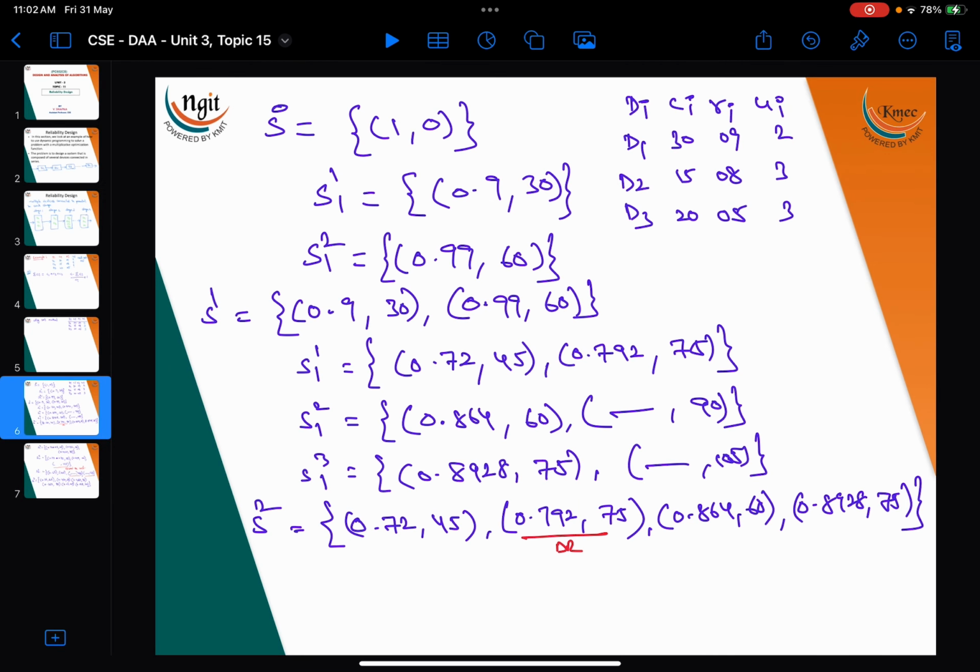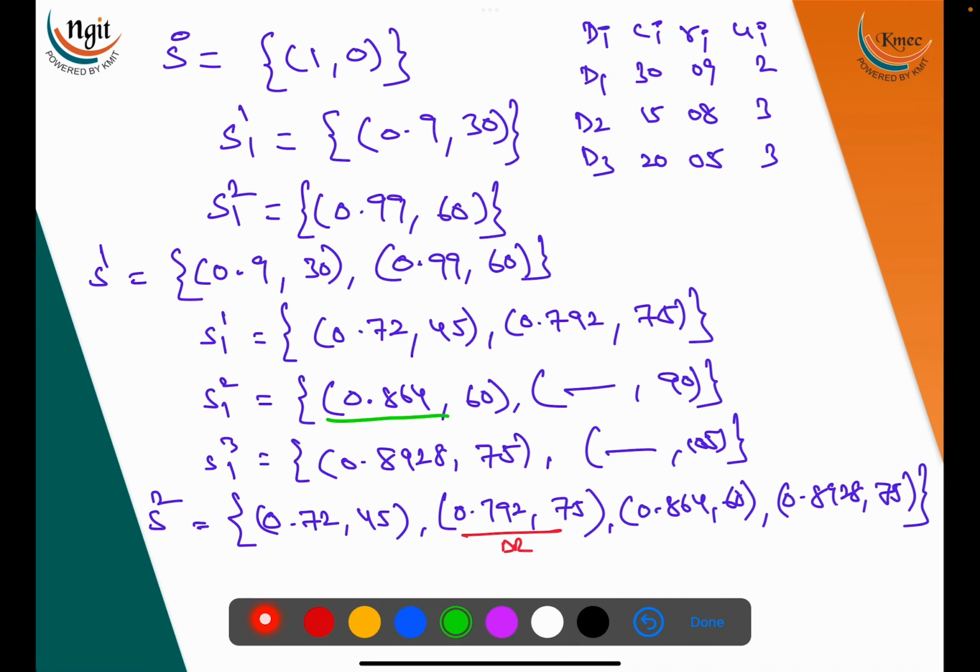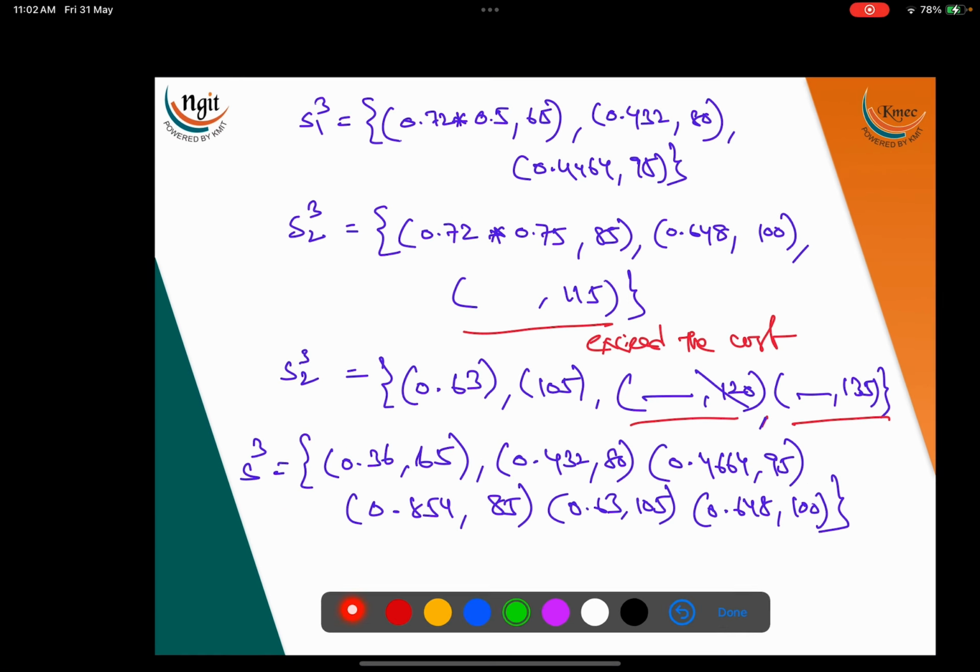In the S2 set, 0.864 is the base to generate that S3 value, right? And from where did we get this? From 0.930. So what I wanted to conclude is that all the values we were seeing now were included in the solution.